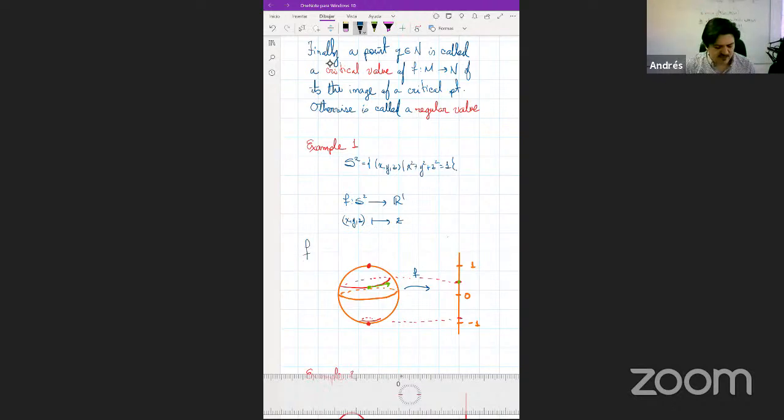Remember that we have a way to compute this using curves. So I want to know this vector here, which is along that circle, where does it map to?